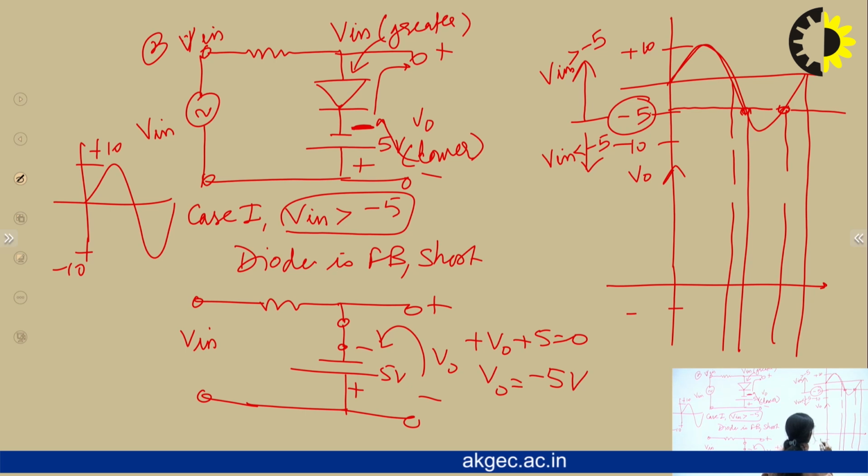That means from this to this portion we will get the minus 5 volt. This is for Vin greater than minus 5.